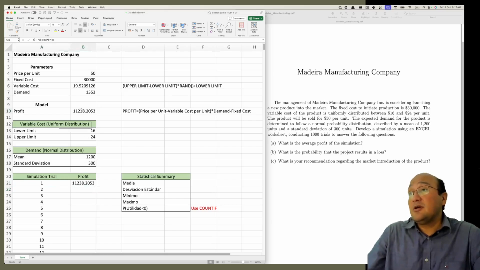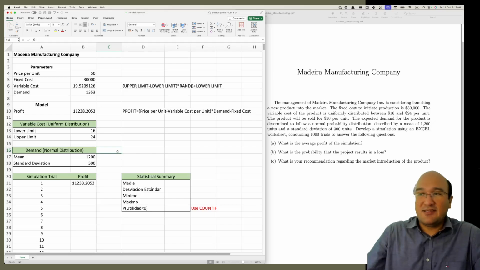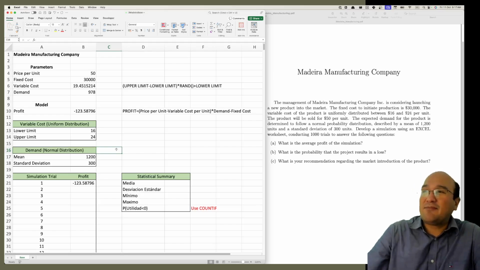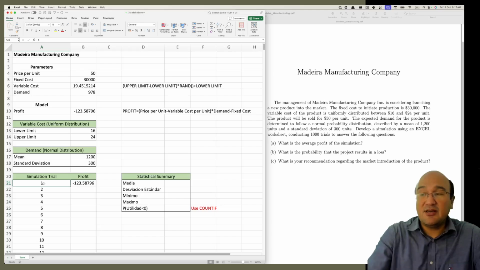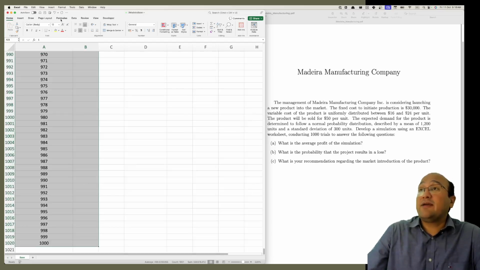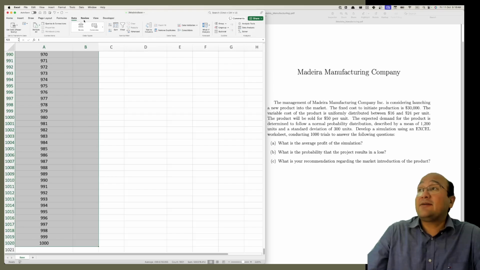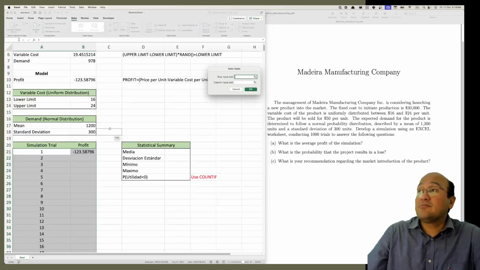And as you know, every time I press enter, this number, the profit, changes because Excel is redoing the simulation. So let's simulate this number many times. First, we select the whole table. We go to Data, What-If Analysis, Data Table.